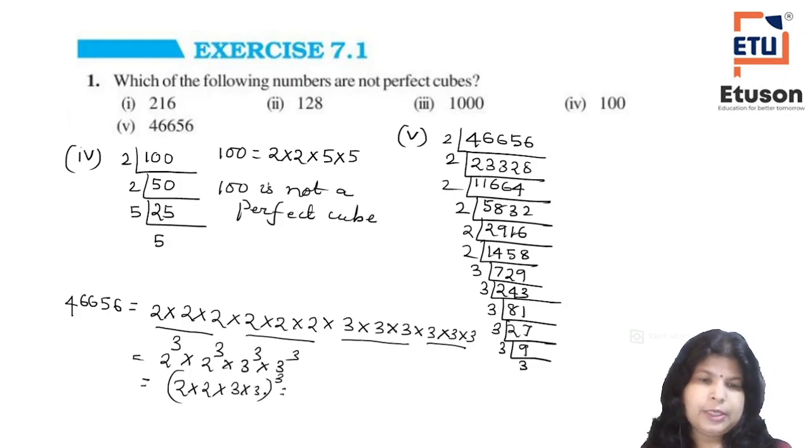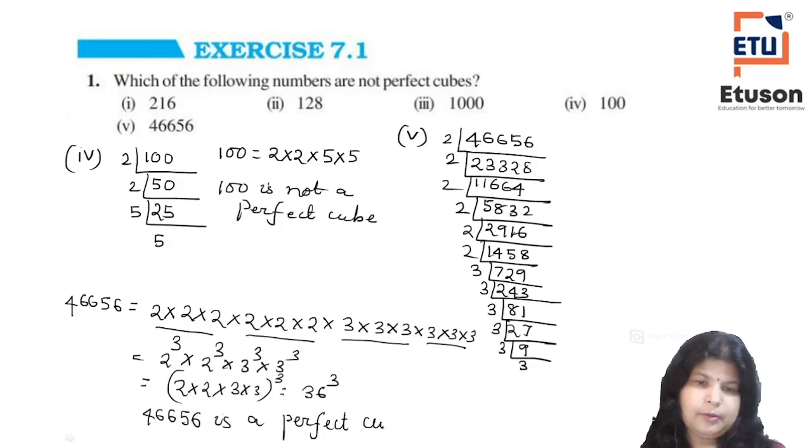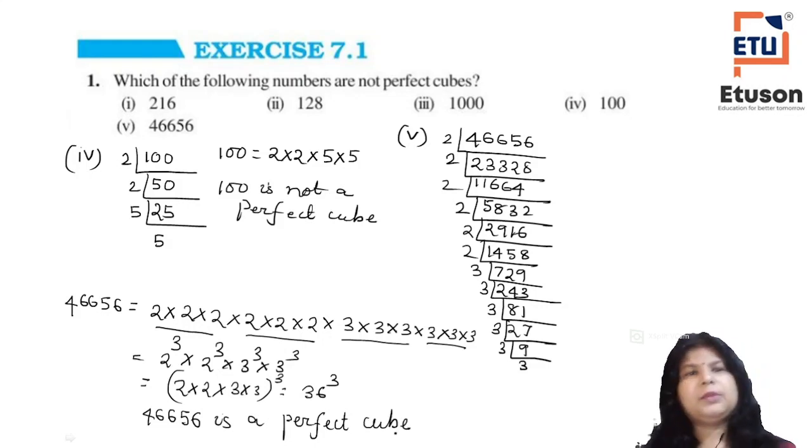Right? So that is equal to 4 into 9, and it is 36 cube. So clearly you can mention that 46,656 is a perfect cube. Correct, children?